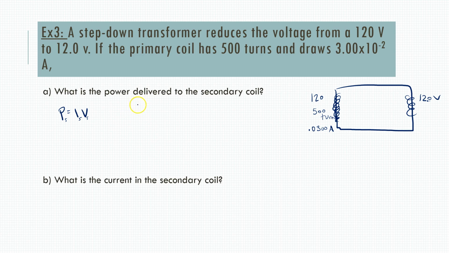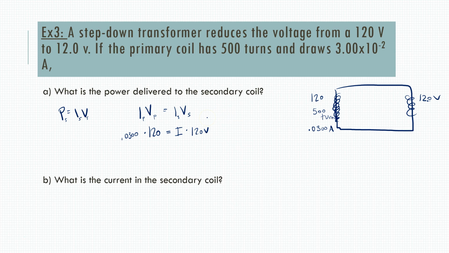Well, one of the ways that we could do this, remember, is we have our formula where we could do the primary voltage and current times the secondary voltage and current. Because if I look at this for a second, I have enough of these pieces. I have the voltage is 120, and the current on that side is 0.0300 amps. The current on this other side is what we're wanting to find, and then the voltage is 12.